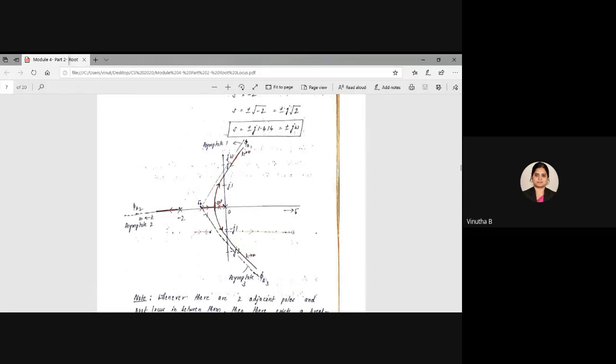Why is this shown like this? Because from this pole it should go and join a zero which is present at infinity. Similarly, from this pole it is emerging and it should join one more zero which is present at infinity. That is why we are drawing this second line which is parallel to the asymptote.